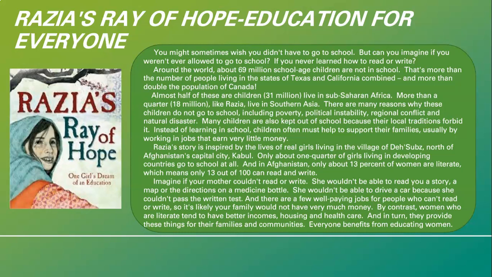There are many reasons why these children do not go to school, including poverty, political instability, regional conflict, and natural disaster. Many children are also kept out of school because their local traditions forbid it. Instead of learning in school, children often must help to support their families, usually by working in jobs that earn very little money.